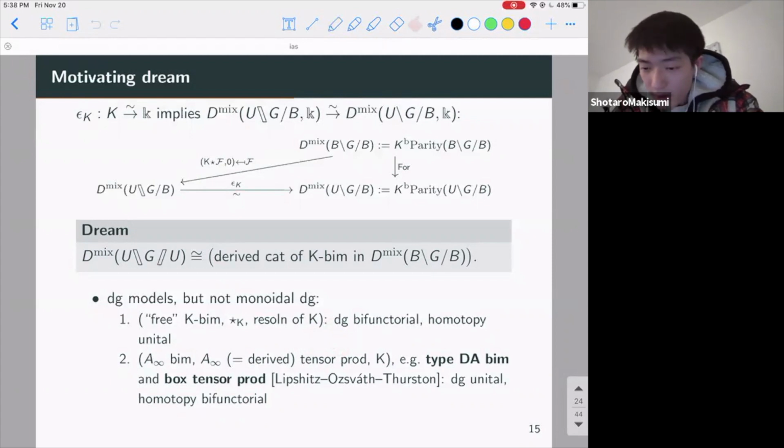Now there's another interesting model for derived bimodules called type D A infinity bimodules and box tensor product. And in this case, the monoidal identity really is just K. So this product will be DG unital, but the monoidal product will only be homotopy bifunctorial.